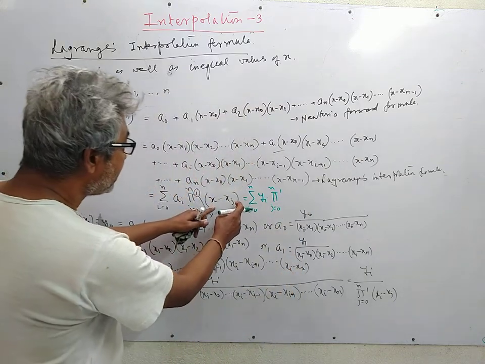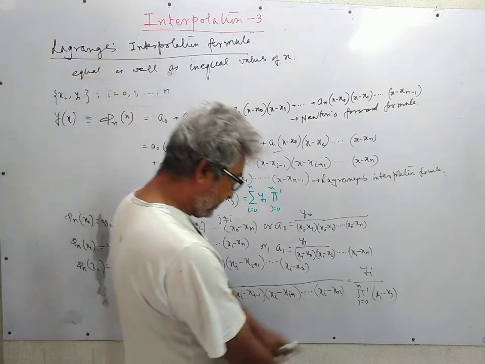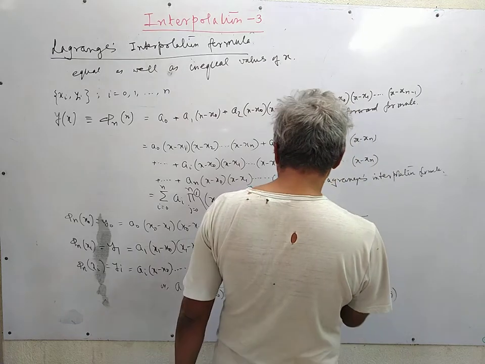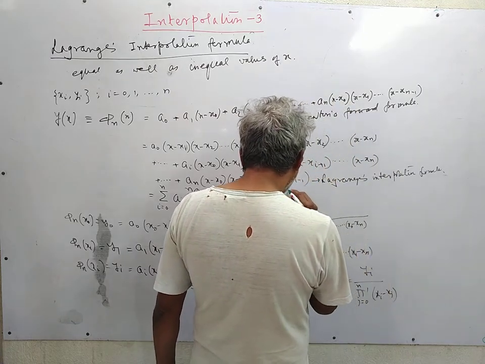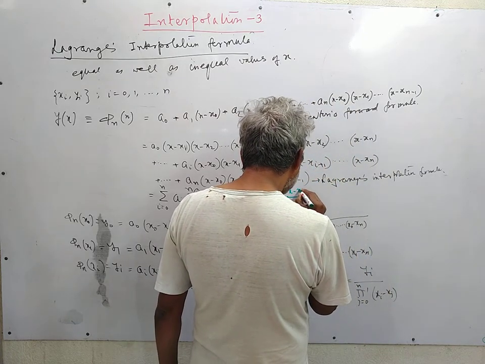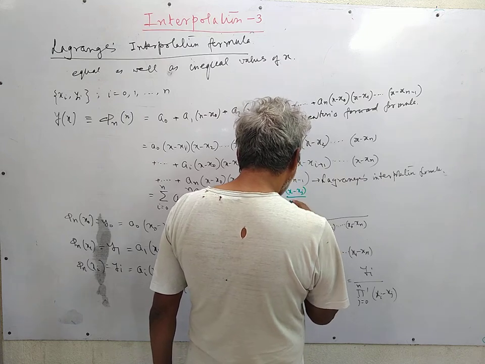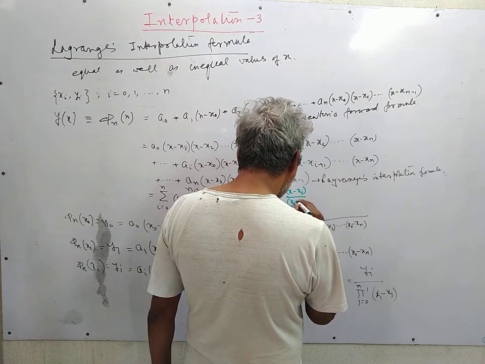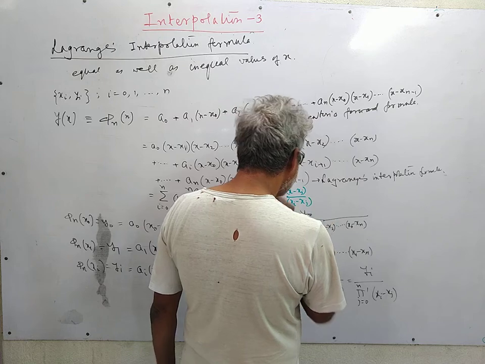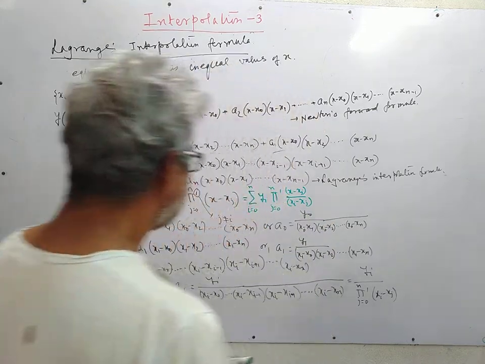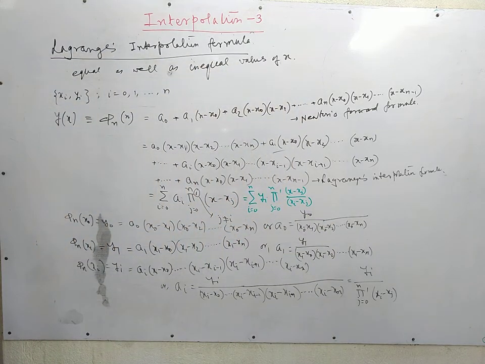In the numerator we will have this factor, and in the denominator we have this factor. So this is x minus xj divided by xi minus xj. This is Lagrange's interpolation formula, as simple as this.